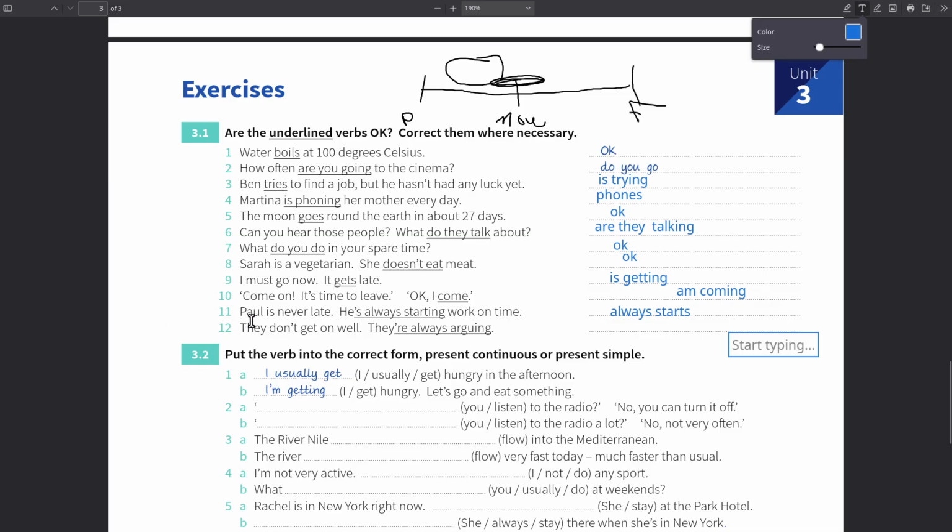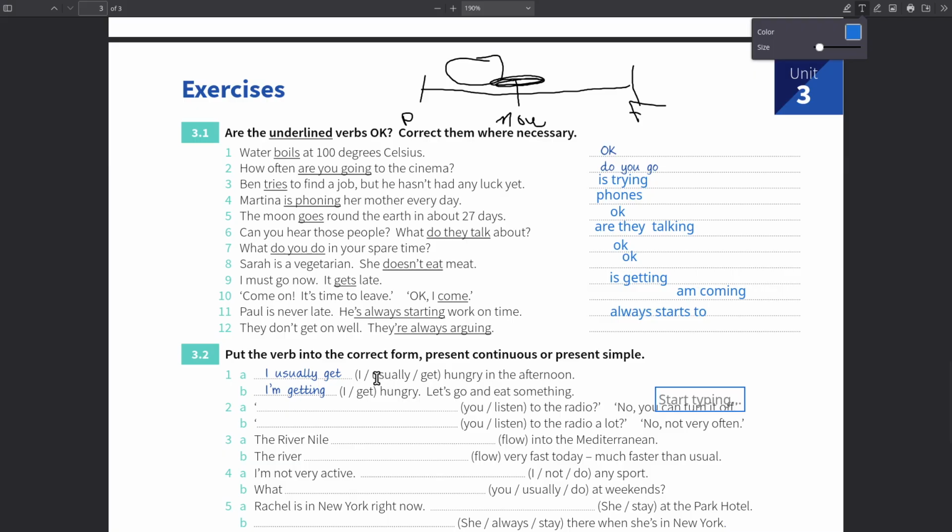It says Paul is never late, right? So we are talking about something that's true, right? He's never late. And because he's never late, he always starts to work on time. Okay.